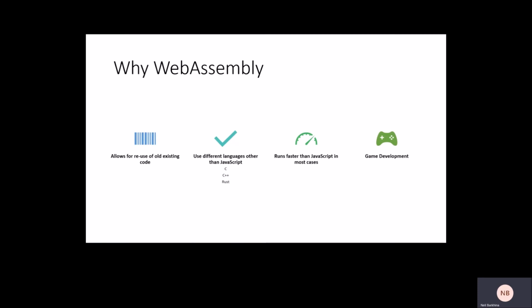If you need to be able to do something, chances are somebody's written it in some low-level language, especially if you're doing something like parsing an XLS file. There's probably some C++ library that does that. So the ability to just take that code and compile it down to WebAssembly, and then use that, I think is extremely powerful. And from a web development standpoint, you think about everything being modular.